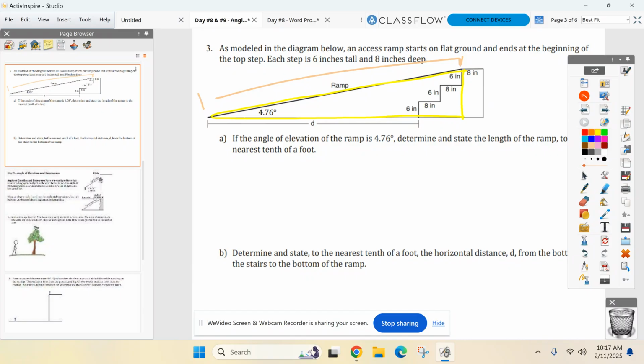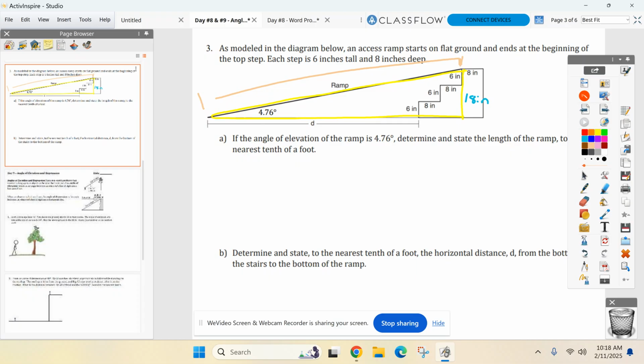I need at least one side length to do sine, cosine, tangent. Where am I going to get the side length from? Right here, this leg. Because if I have 6, 6, and 6, I'm going to have 18 inches right there. So that's where I get my side. Now let me turn this over to you guys. Going from the 4.76, I'm going to need to know what ratio is the best for me to use: sine, cosine, or tangent.